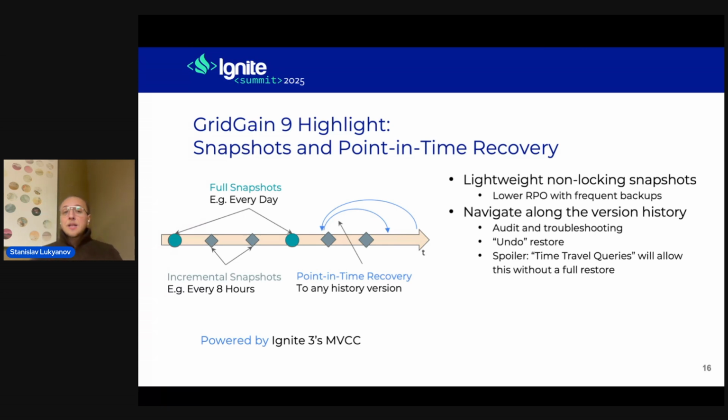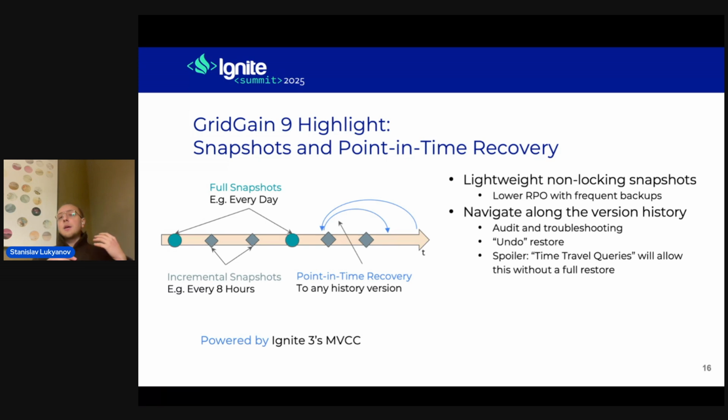These mechanisms, we had them in GridGain 8 as well, but historically they involved a certain amount of locking. We minimized it, of course, to ensure that snapshots are as non-intrusive as possible on the running cluster. But GridGain 9 really helped us to move that to the next level.